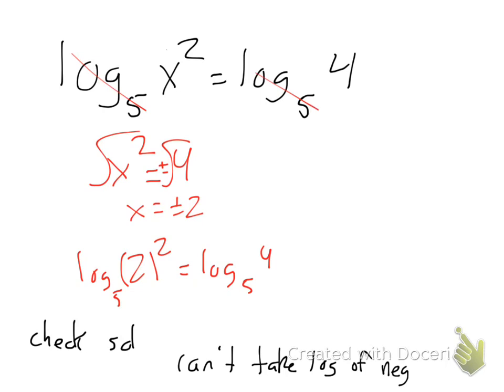We also have log base 5 of negative 2 squared, and that would equal, oh wait, that's the same number. So both of those answers will work. Not like the example from the last page where when I plugged that number in, it became negative. So in this case, both work. I had 2 solutions, both work. Other times, it will not.